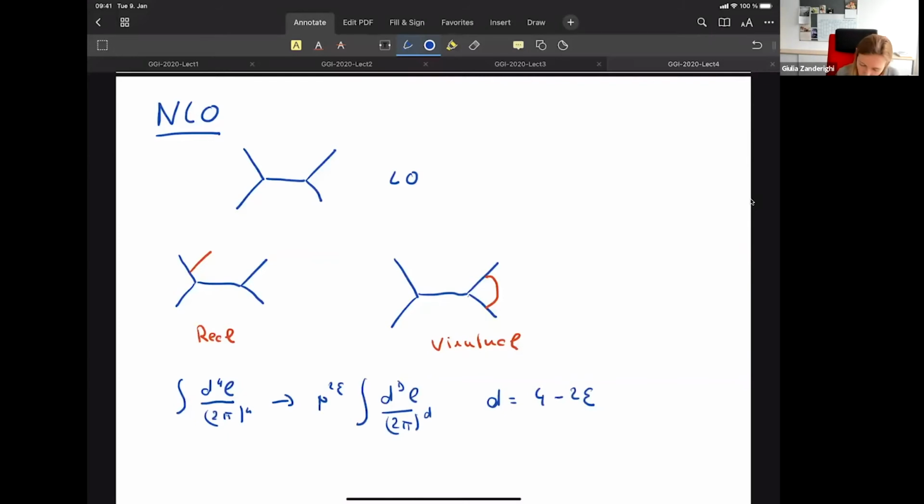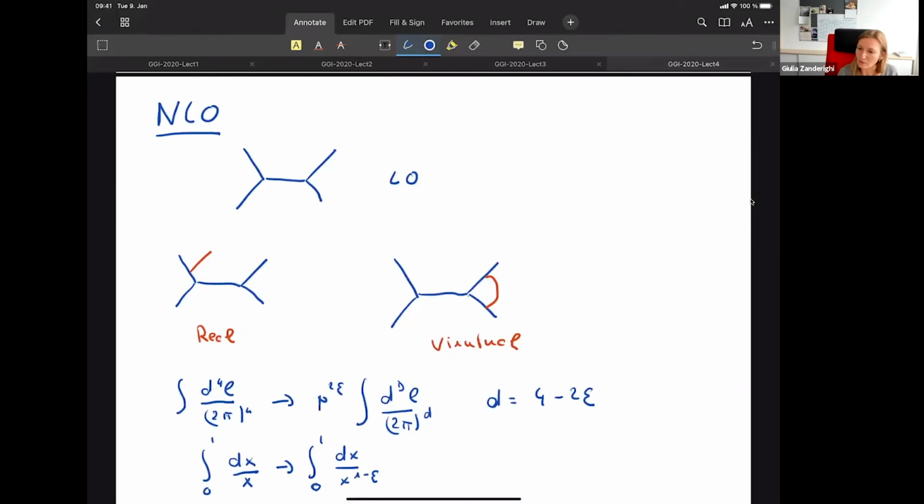Something that would have a divergence, such as dx over x, where x can be, for instance, if you're doing real radiation, the energy over energy, or the angle over angle, or both of them, becomes, when you change dimension, dx over x to the power 1 minus epsilon.